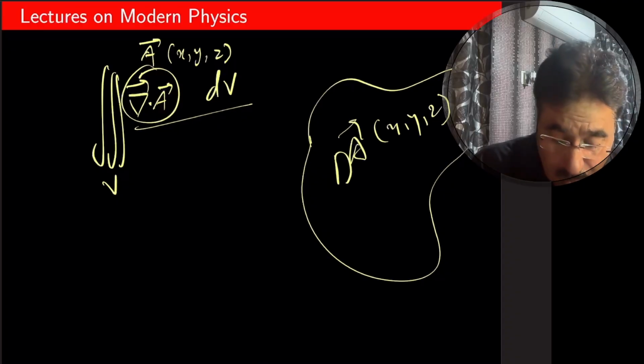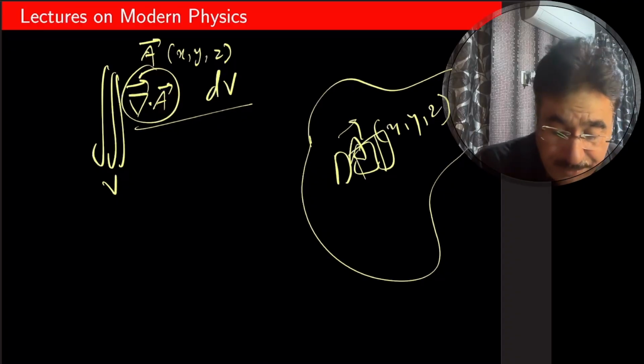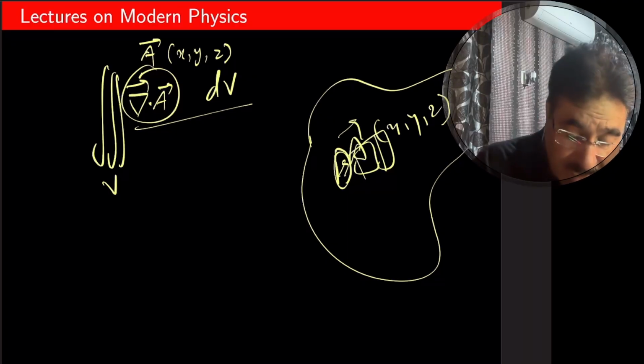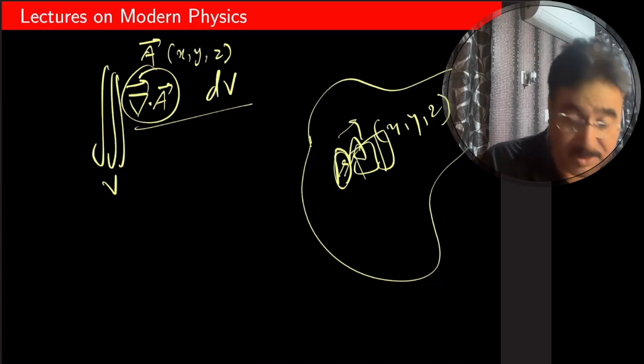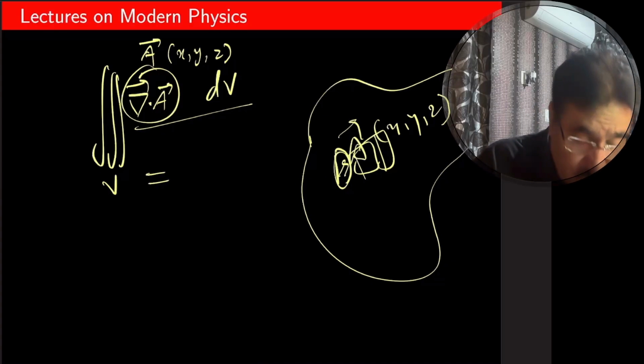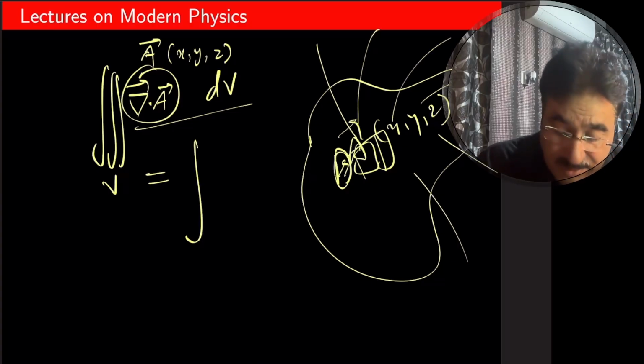You take small volumes, first find the divergence and take the product with that small volume you choose, and then integrate over the entire volume. You take the limits of x, y, and z and integrate over the entire volume, and that happens to be equal to just the flux of this field over the surface.